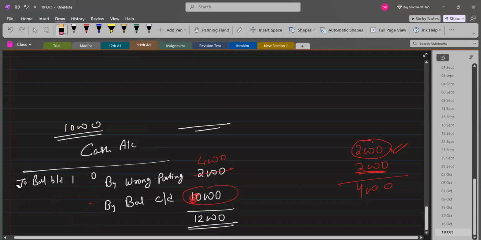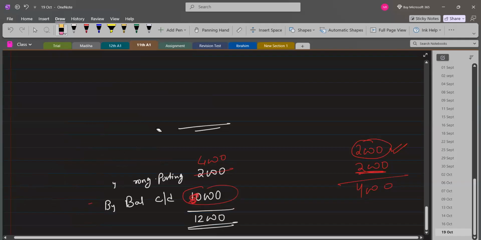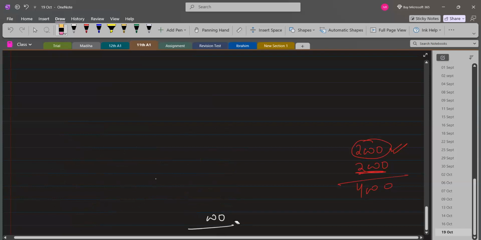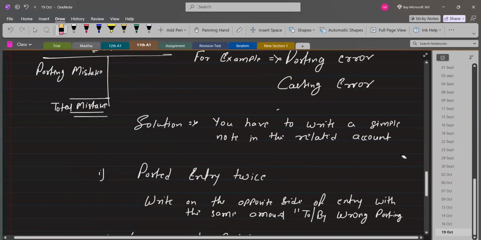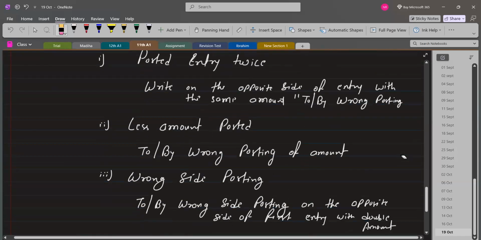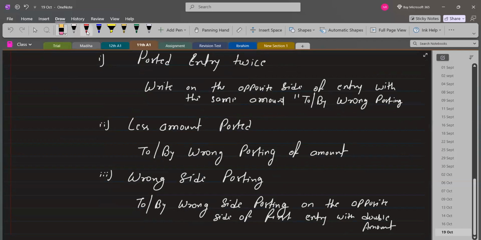So please write this, and after that, if, for example, I've written 4,000 on the debit side, so on credit I should write 8,000, right? Yes. You should write from here. Posted entry twice, yes.